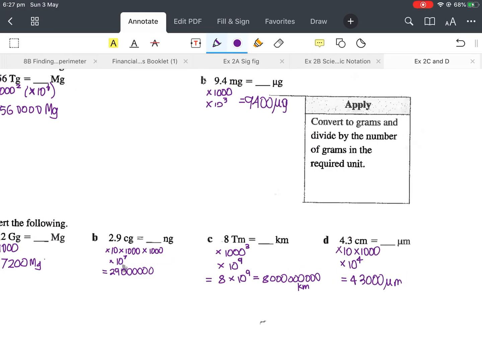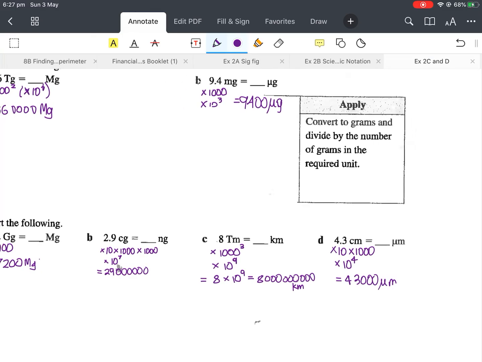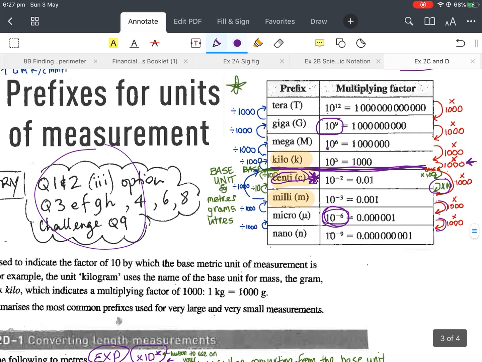Centi to nano. This one's a little bit harder, so I will go back to the diagram just to show you. So centi, okay, so we're starting here. And we've got to follow 1 green jump times 10. And then we've got to follow 1 red jump times 1,000 to get to micro.